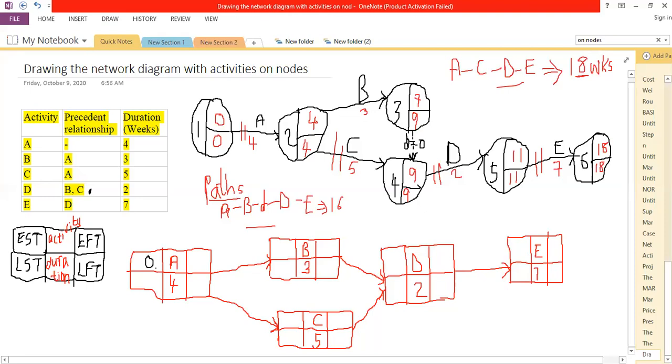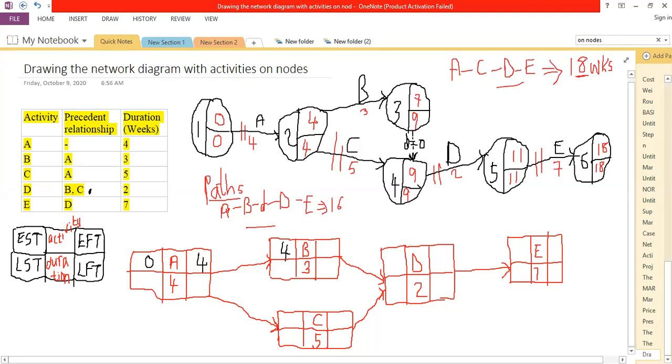I'll take this 0 and add the amount of time for A, which is 4, meaning the earliest that we can finish activity A is at 4 weeks. Then I'm going to push, because B has the predecessor being activity A, so the earliest that we finish A is the earliest that we can start B, because B depends on A. So I'm going to push this 4 towards B.